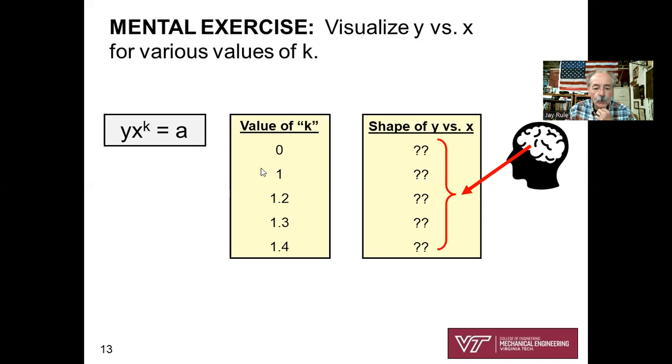When k is 1, what does y versus x look like in your head? When k is 1.2, what does y versus x look like? 1.3, 1.4. So think in your mind. I'm gonna give you a minute. What do the curves look like before the big reveal? Can you think in your mind? Could you draw y versus x for all these situations?